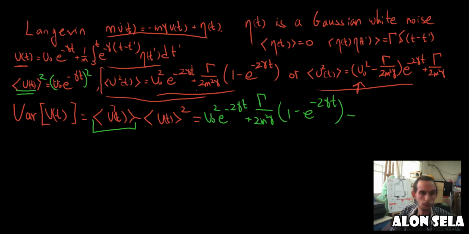We have v naught squared and we have e to the minus 2 gamma t. So now we can see that this term will cancel with this term, and we are left with this.